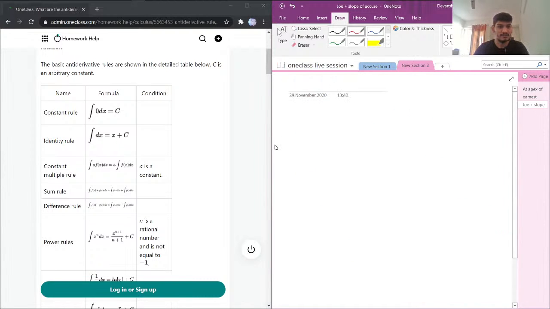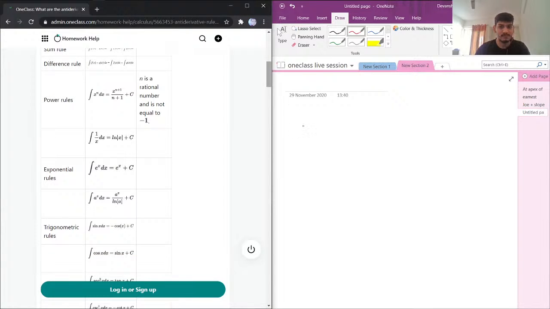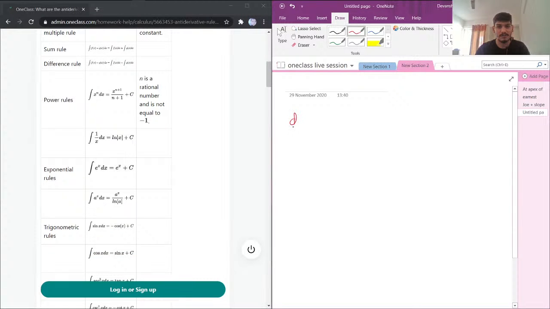Then we have the sum rule. When we differentiate f of x plus g of x, I can write it as d dx of f of x plus d dx of g of x.